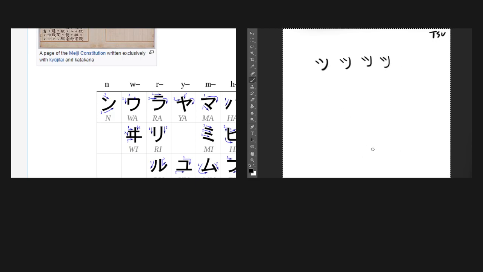Not to be confused with the one we did before, which was... what did we do before? She. So she was 1, 2, 3. This one is 1, 2, 3. And if you're like me, this will be very confusing because your handwriting is not very good. But this is why the stroke order matters.